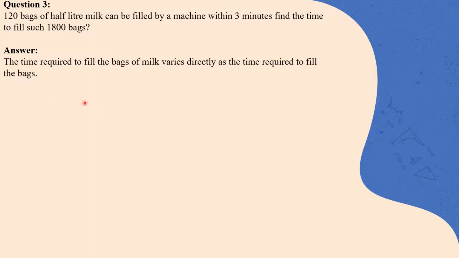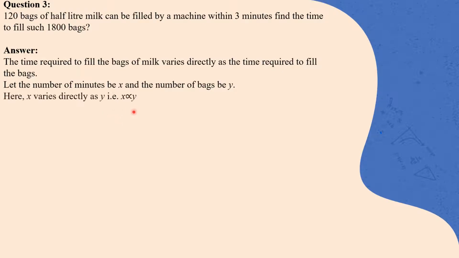Let the number of minutes be x and the number of bags be y. Here x varies directly as y, that is x is directly proportional to y. So the equation will be x is equal to ky, where k is the constant of variation.